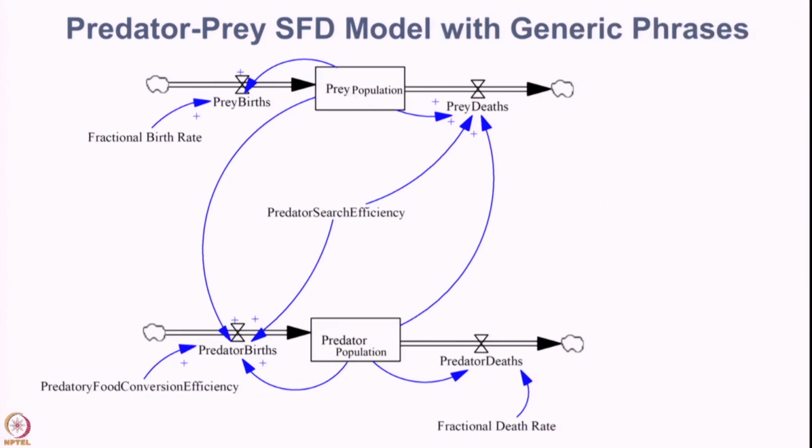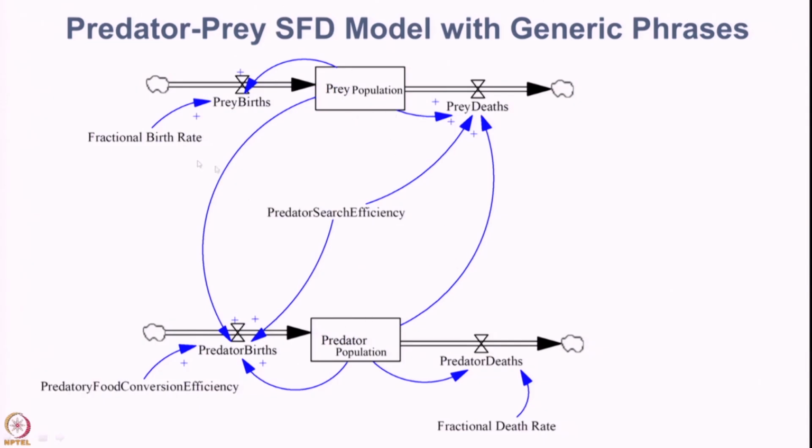A classical predator prey model, I have just given the diagram here. Instead of calling it rabbits and foxes, we can replace it with the very generic terminology of prey and predator. In this case, we can extend the model to a variety of scenarios.